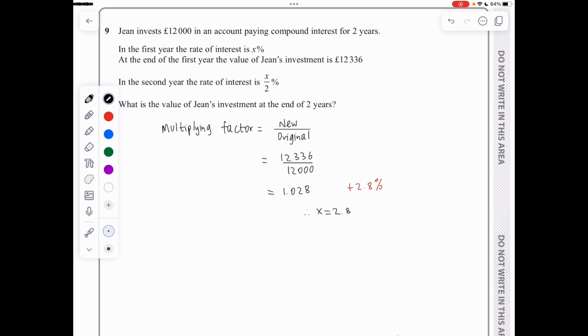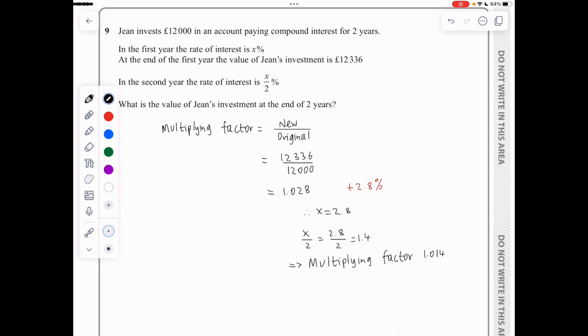So for the second year, we were told that the rate of interest is X over 2. So X over 2 will be 2.8 over 2, which is 1.4. So if I want to increase something by 1.4%, this corresponds to a multiplying factor which is 1.014.